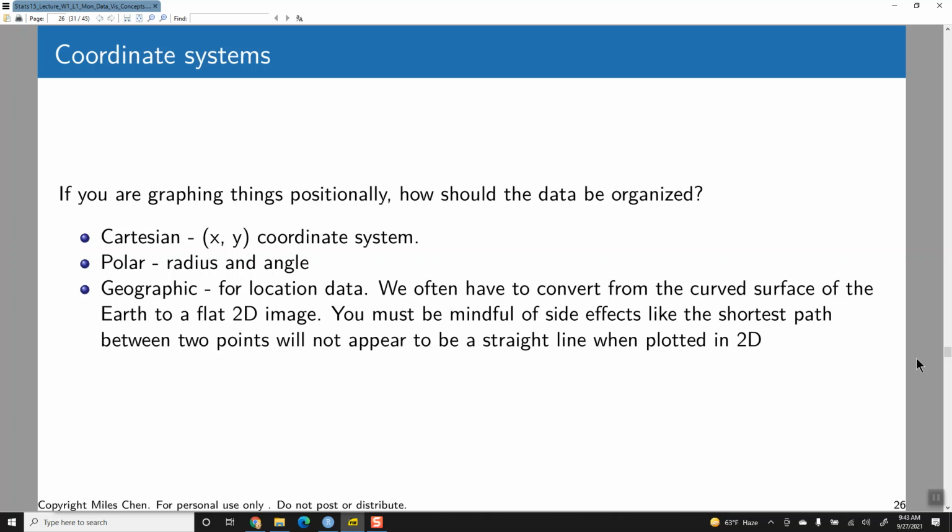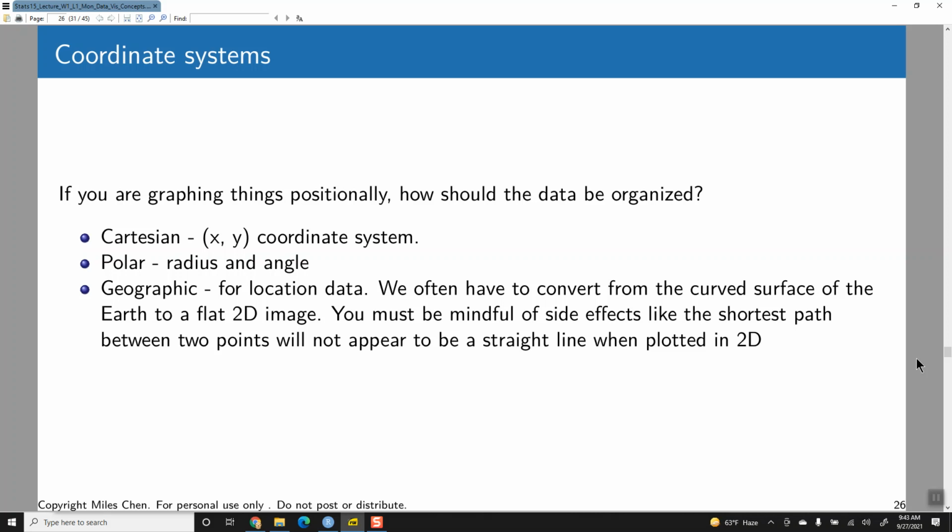No, the Earth is round, okay? And when you plot it into a 2D thing and you get a flat image, things get warped, right? So things where you think it's a straight line, like the shortest path between two cities on the Earth's surface, when you turn it into a 2D flat thing, it's not a straight line, right?